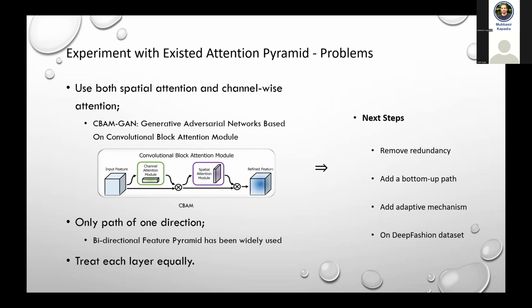Secondly, the original PANet only used a path in one direction, but there are a lot of improved versions that use two directions. So we may try to add a bottom-up path. And third, each layer of the APNet is treated equally. So in the future, we may add an adaptive mechanism to further improve the structure.